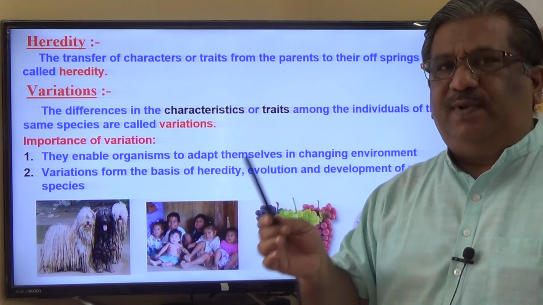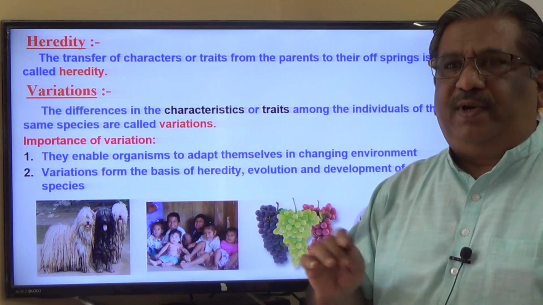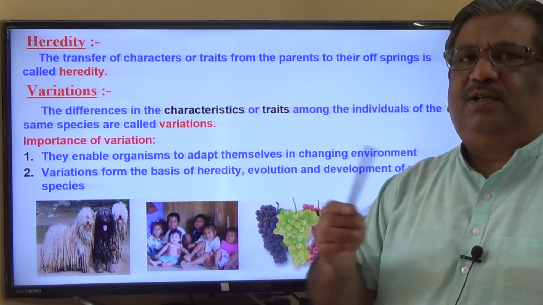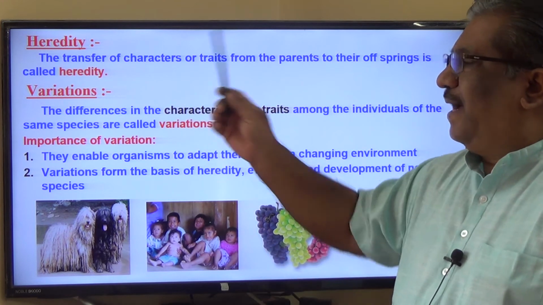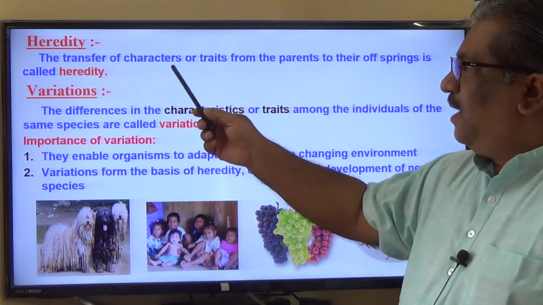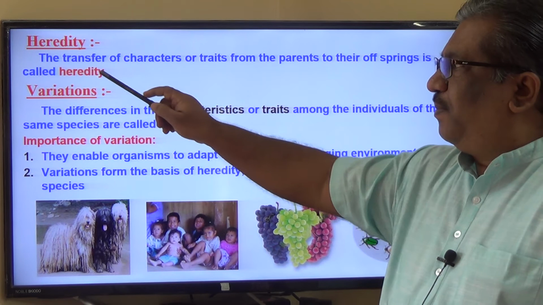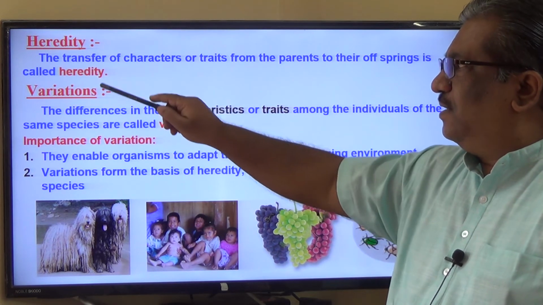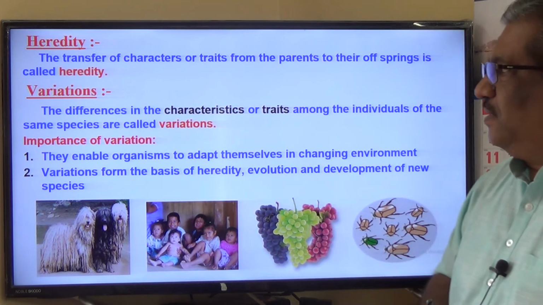So those visible features which enable us to distinguish between two persons or two organisms of the same species are called the characters basically. So these characters are transferred from parents to the offsprings, and that transfer of characters is called heredity.